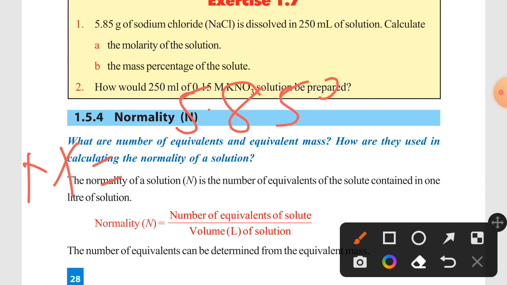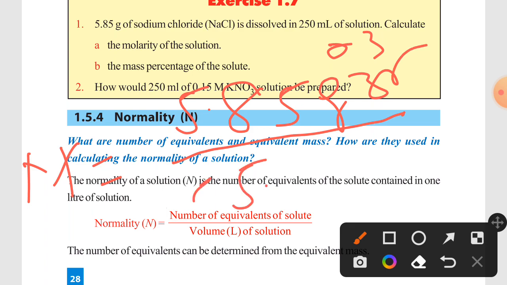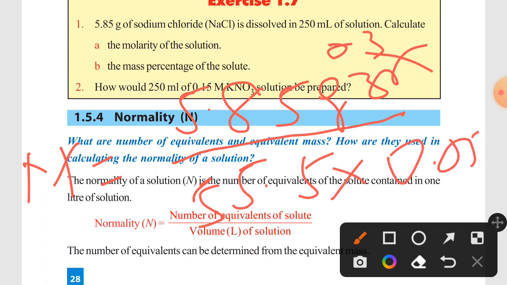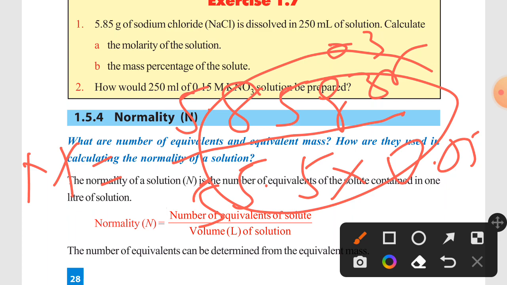The molar mass of sodium is 23, chlorine is 35.5, which is 58.5, times what is the liter? 0.25. When we divide these, we get the molarity of the solution.